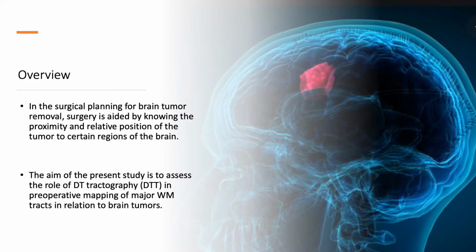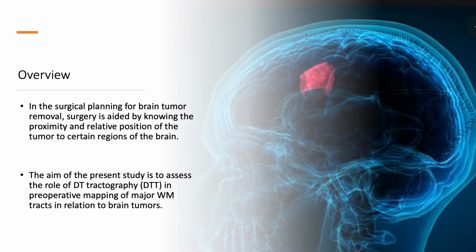A little bit of background behind this paper. In surgical planning for brain tumor removal, surgery is aided greatly by knowing the proximity and relative positioning of the tumor to certain regions of the brain. The aim of this present study is to assess the role of DTI tractography, DTT, in preoperative mapping of major white matter tracts in relation to brain tumors.